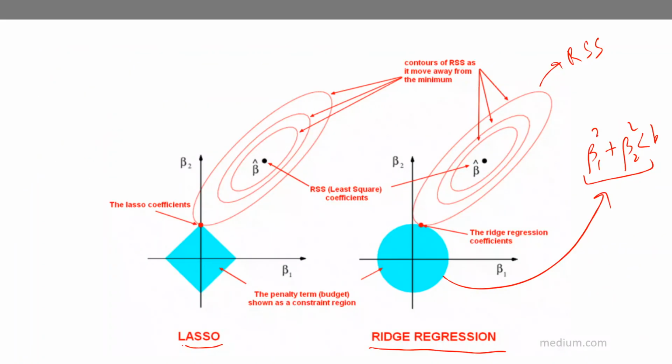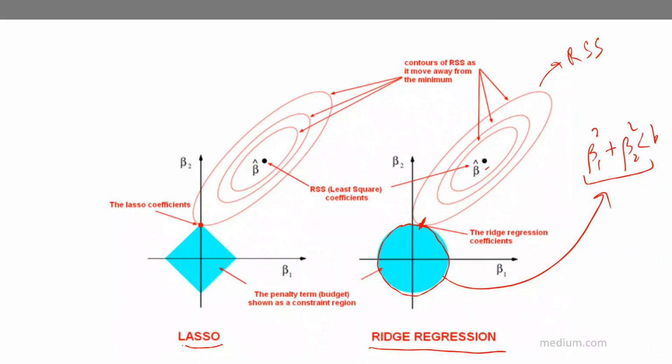So these are the contours of RSS, because we're looking for different beta values such that we are trying to minimize these beta values in this two-dimensional space, right? So we are trying to maybe shrink, let's say in this case, beta 1 as small as possible. And until what value? It depends on the area of this circle, because that's what these are determining, right? So wherever we intersect the two, that's the beta that we'll choose, right? So notice here, beta 1 is really close to 0, but it's not exactly 0.